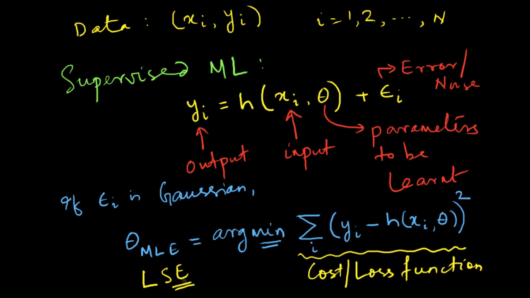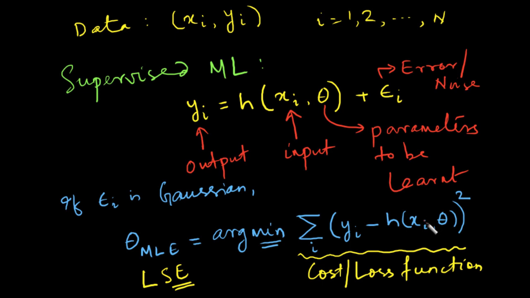So now how do we find this argument minimum? Now we have to minimize this function. Again, what we did in those videos on MLE and MAP is that we took a derivative of this function with respect to theta, equated that to 0, and from there found the value for theta.